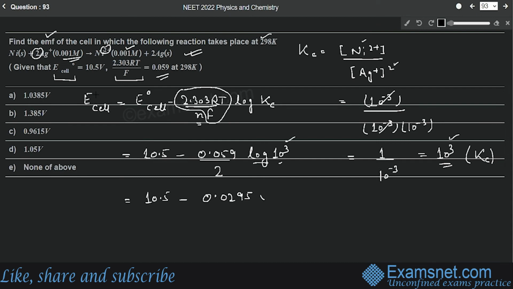Okay, so on solving this we'll get 10.5 minus 0.0885. On subtracting, we'll get 10.4115 volt. Okay, so out of the given options, this is not mentioned in any of them, so option E will be the correct answer. None of the options are correct.